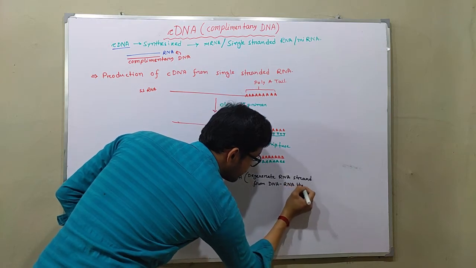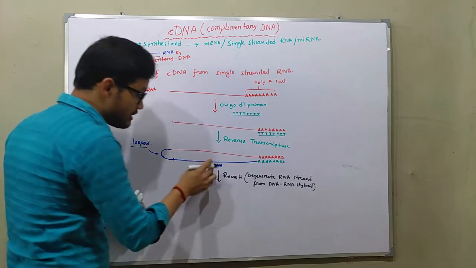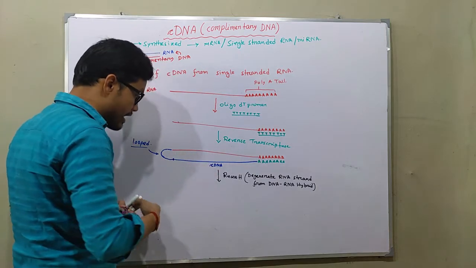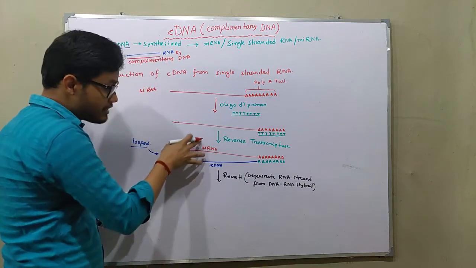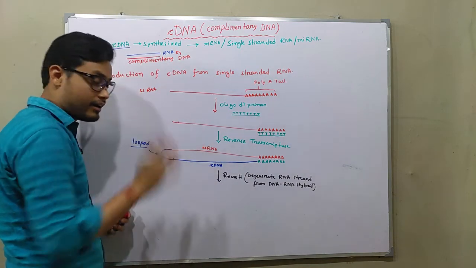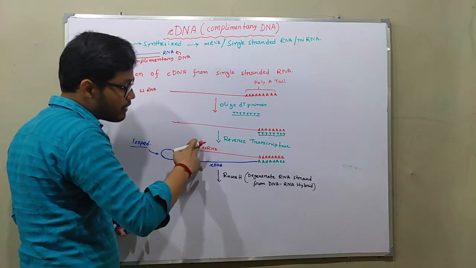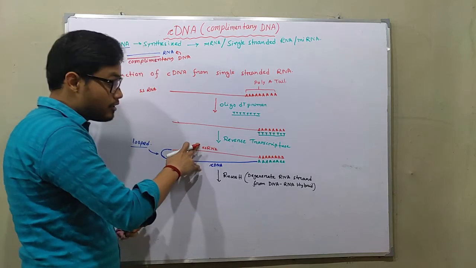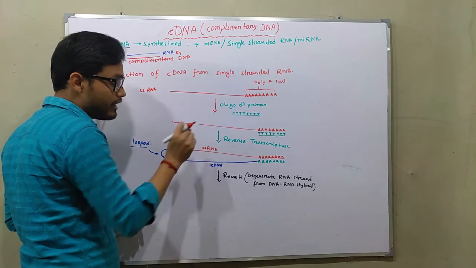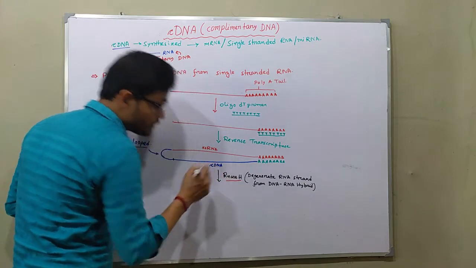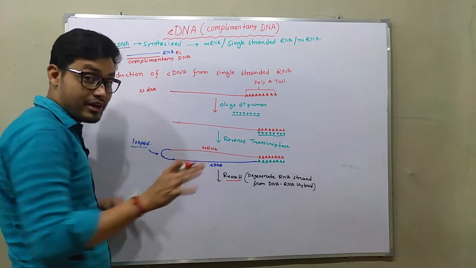Okay, so this is our cDNA, and this is our ssRNA, right? So this is actually a hybrid, a DNA and RNA hybrid. If RNase H has to work, it should work on the DNA-RNA hybrid. But when there are only two RNAs or only two DNAs, RNase will not function in that case. RNase will only function if there is an RNA-DNA hybrid present.